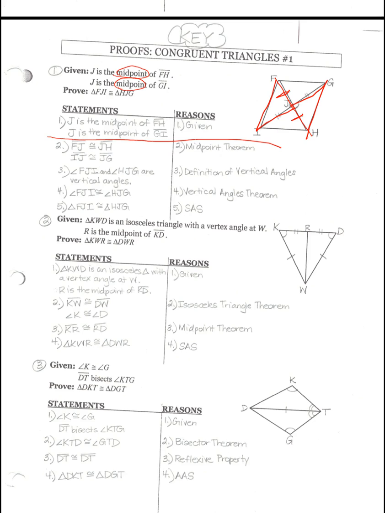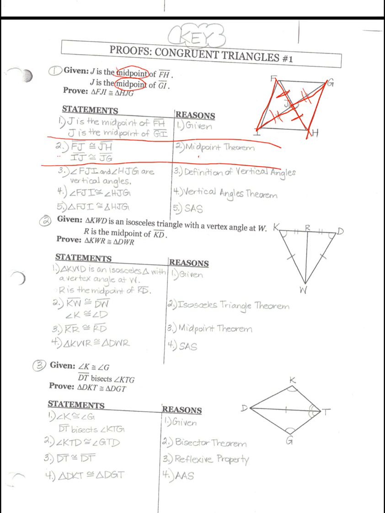We also know that J is the midpoint of GI, so that means segment IJ is congruent to segment JG. Okay. And why are we allowed to say that right there? Because of the midpoint theorem. It's called the midpoint theorem because the word midpoint was used in the given.